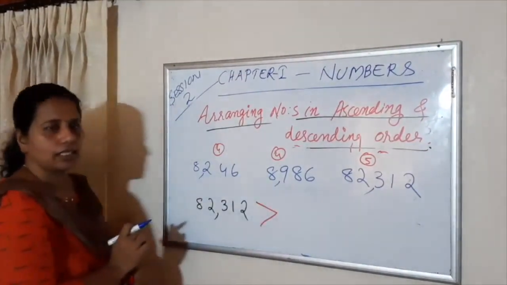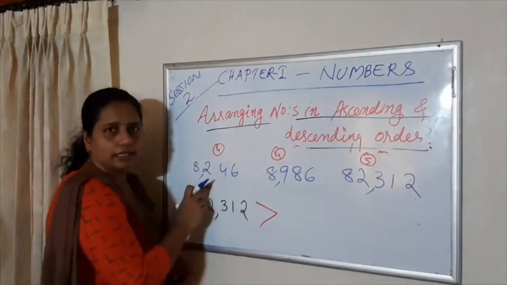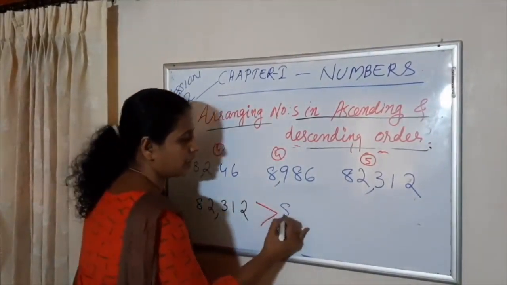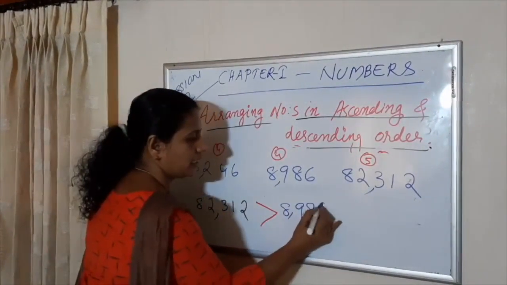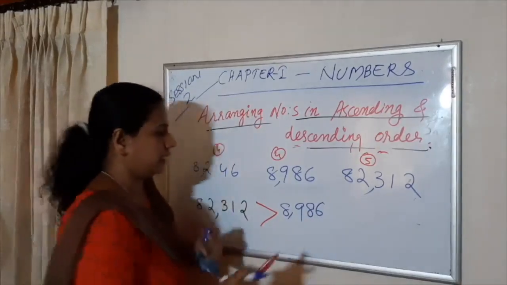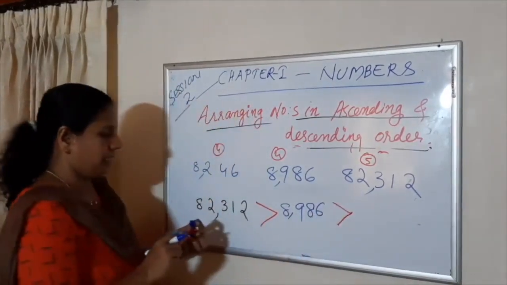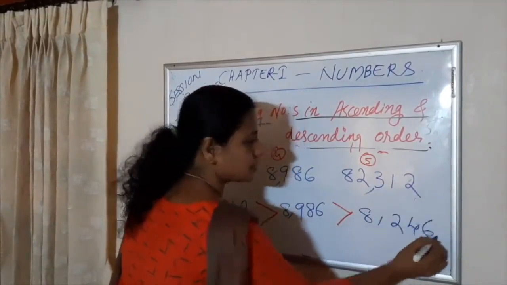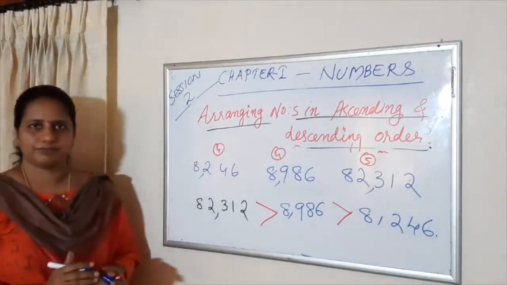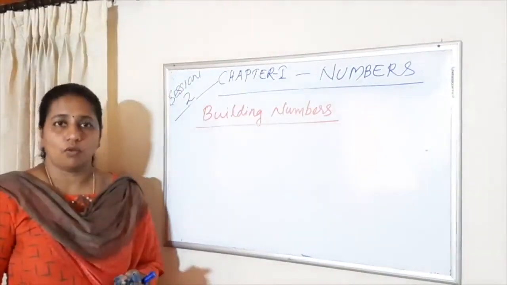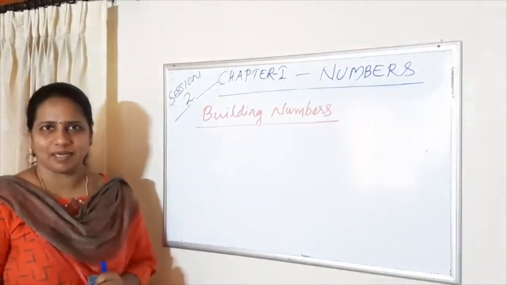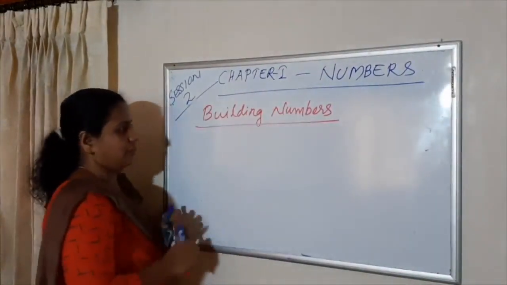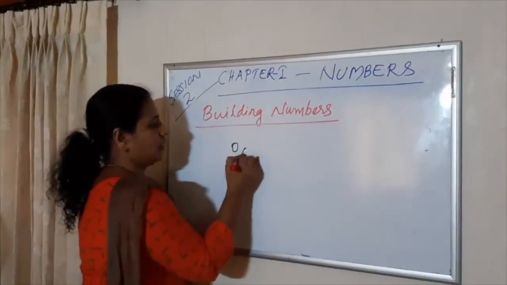Which one is greater? 9 is greater than 2. So 8,986 is bigger than 8,246. Clear? What's next? Building numbers. Let us take 3 digits, that is 085.